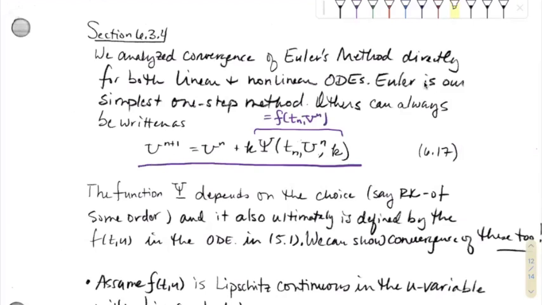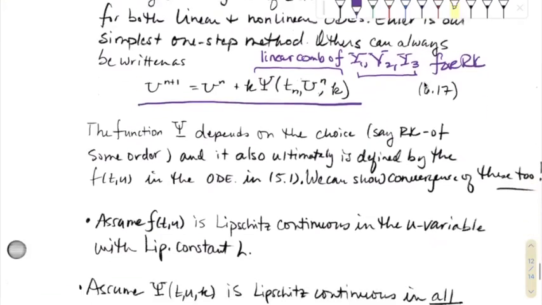Or if we were doing something else here, this would be some linear combination for all of those Runge-Kutta methods. We used a psi that was really a combination of a bunch of these different intermediate steps as you move along. And so all of those algorithms can be analyzed in the same way if you simply make a couple of assumptions.